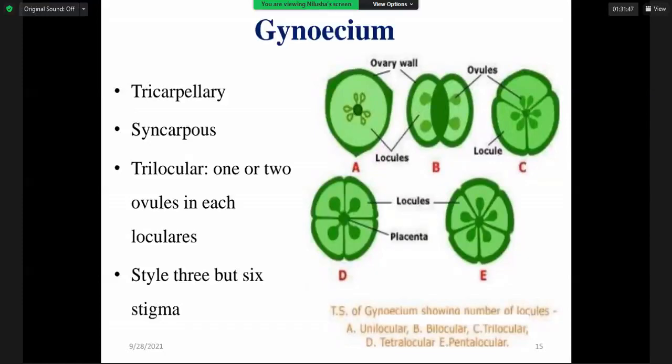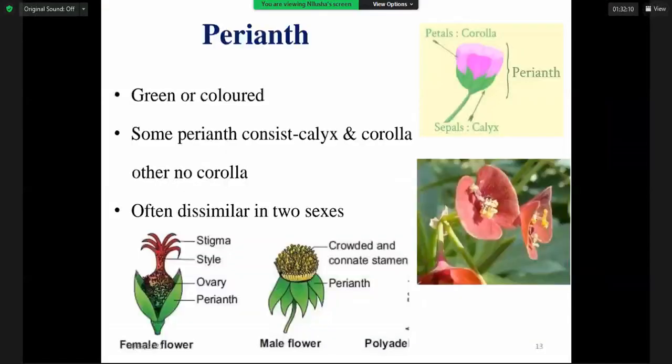In this picture, you can see the presence of the locules. And next one is the style. They have 3 styles, but 6 stigmas. Here in this picture, you can see in the female flower the style, and they have 6 stigmas there.